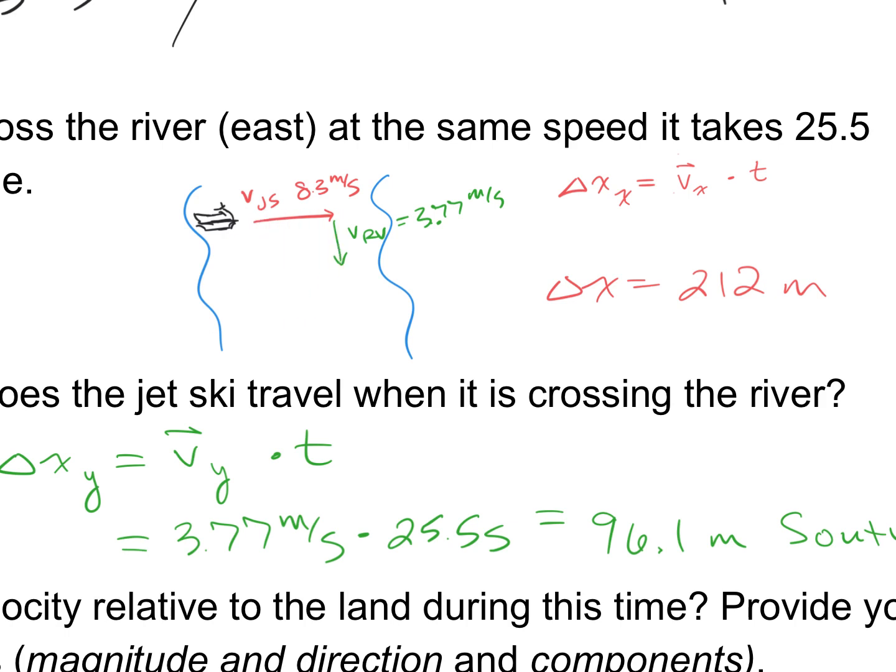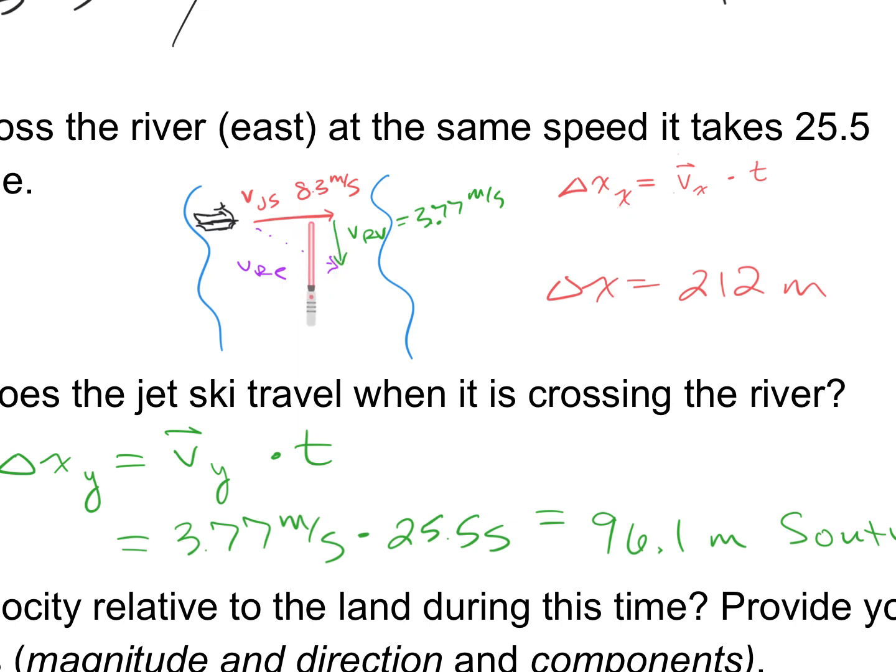It has an impact on a resultant vector that would be visible here, but overall, if the question is basically from across the river, you can use the velocity of the jet ski in the horizontal direction and the time it takes to determine the displacement in the horizontal direction.